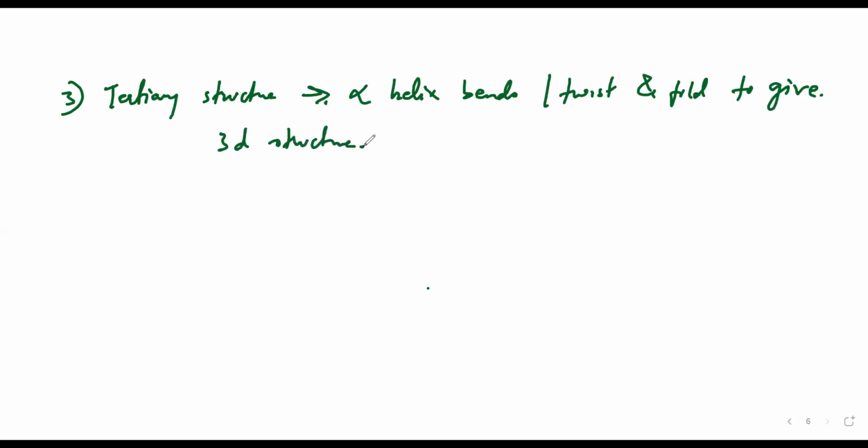Compared with the primary and secondary structure, the tertiary structure will need more bonds to hold itself in that particular 3D structure. So the number of bonds involved in that linkage will be more.